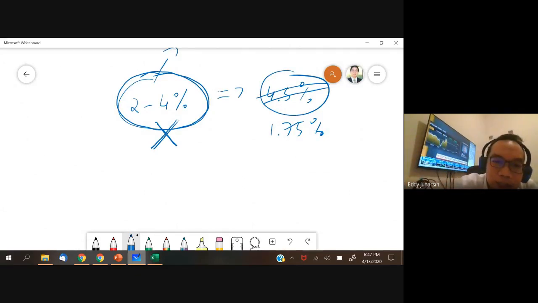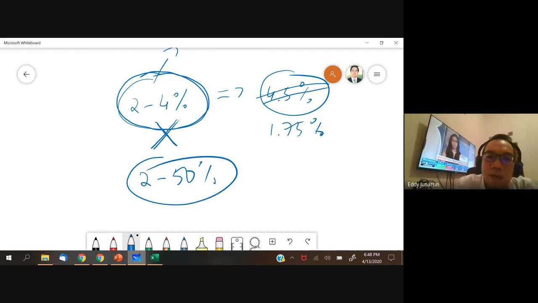What if you answer this way? You're saying that the economic growth of Indonesia this year would be between 2 to 50%. Then the confidence interval, you can see here, the confidence interval is so wide that any number could be correct, right? Based on your statement. So 2 to 50 means if the reality is 10%, then you are right.